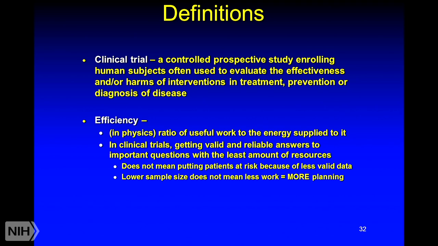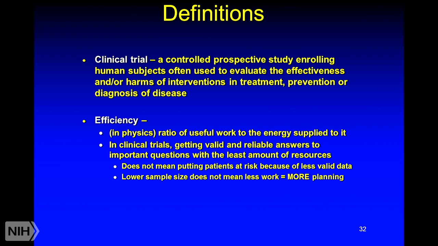On the other hand, efficiency, at least in physics, means the ratio of useful work to the energy supplied to it. So in clinical trials, what it means is getting valid and reliable answers to important questions with the least amount of resources. You don't want to put patients at risk by doing a study that's not valid. On the other hand, you don't want to have not enough people in the study to be able to answer the question.